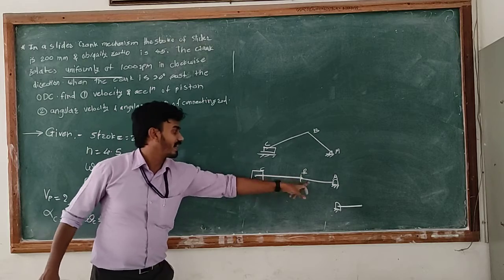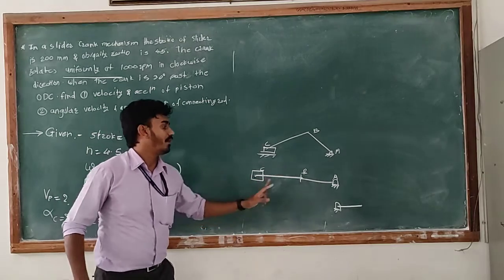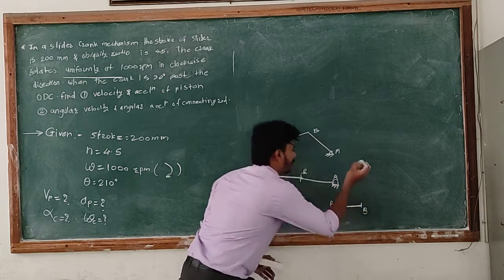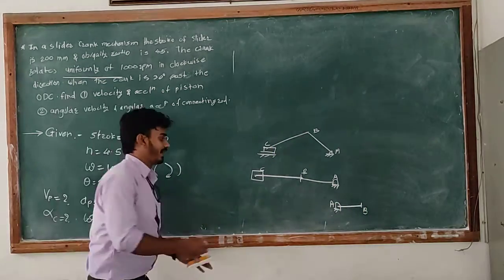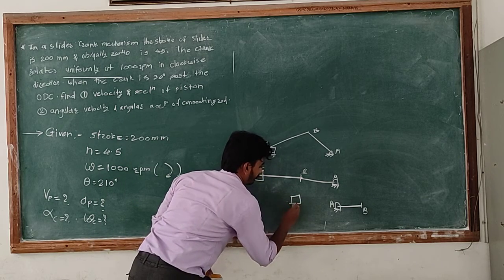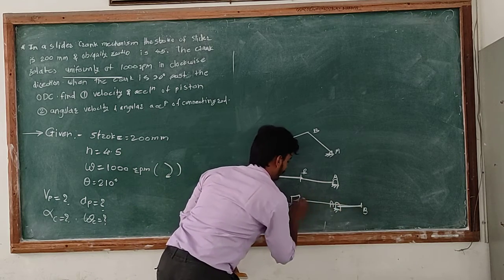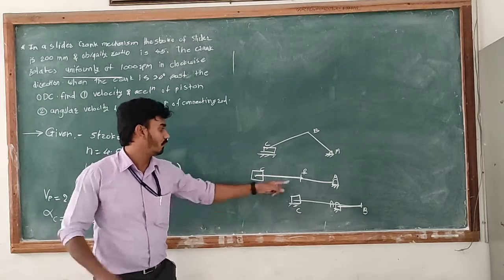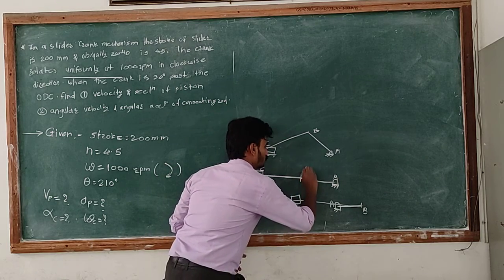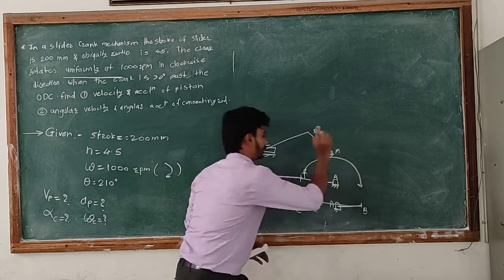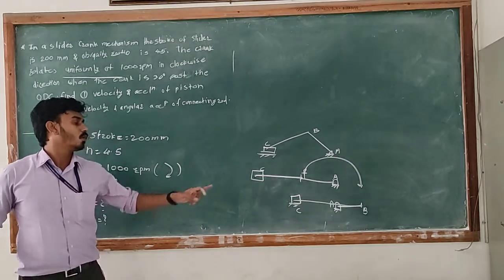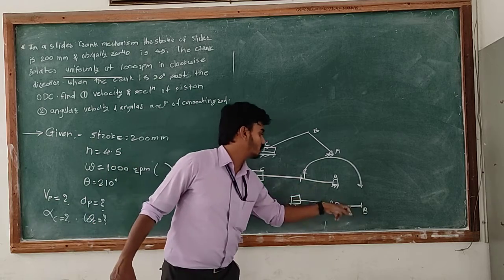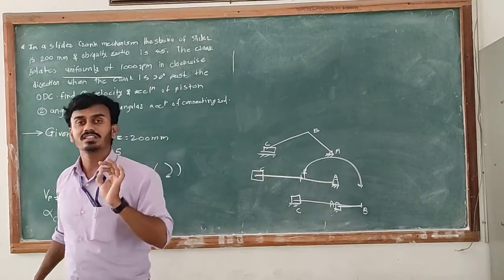When this crank is at this position, the slider is at the extreme left, and when this AB reaches like this, this is our AB. At this time the piston will be here, and it will look like this. A complete stroke happens when it moves from this position to this position. What is meant by stroke? When this crank is at this position and when it reaches this position, then it is called a stroke.